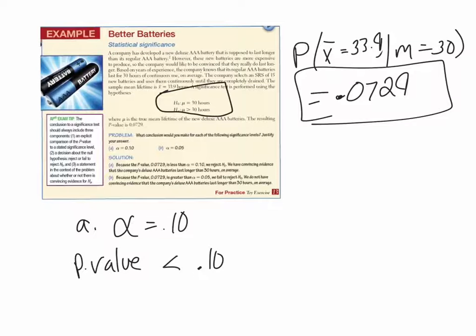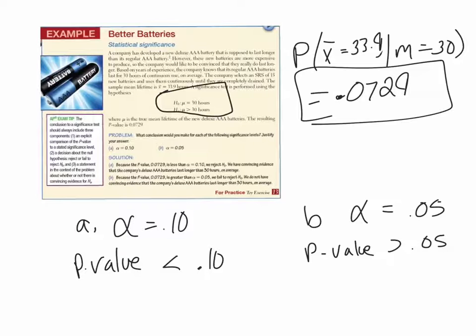Okay? So let's look at B, against the significance level of 0.05. Now we know that the p-value, 0.07, so 7%, is greater than 5%. Okay? So because it is greater, the probability of this occurring is greater than the benchmark, we are going to fail to reject the H0.